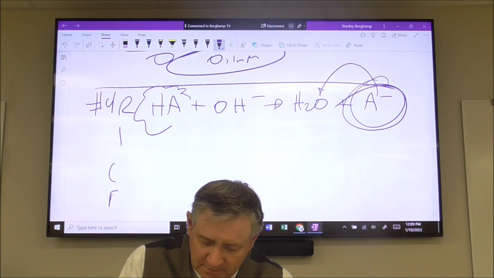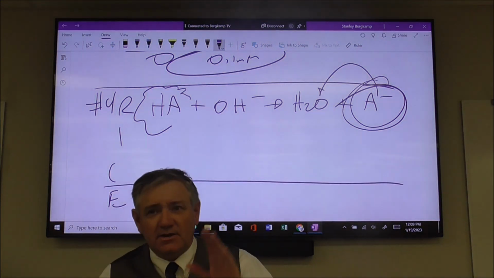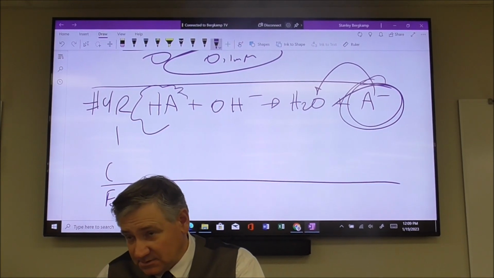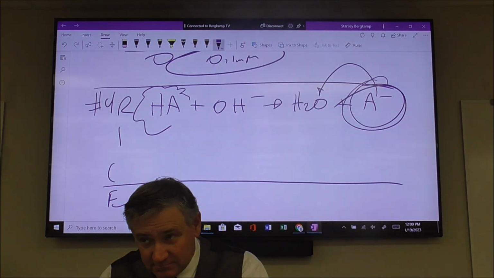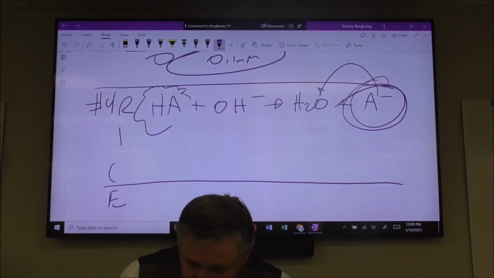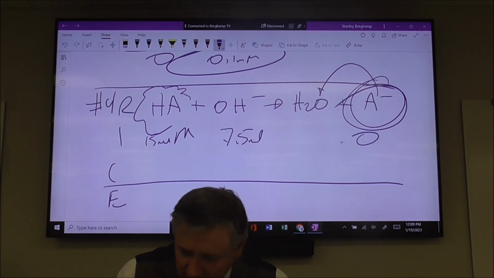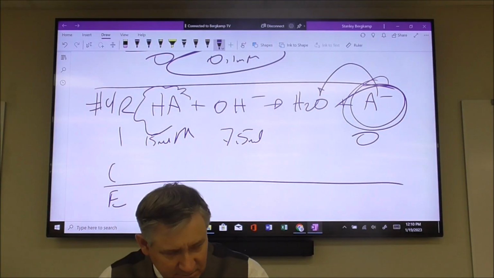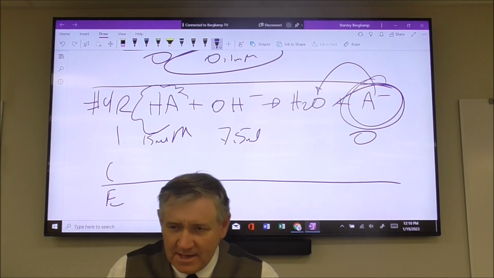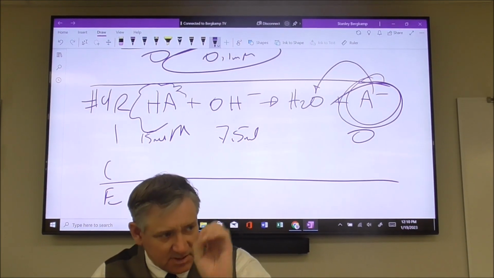So here's your RICE chart. Now, again, you can work in millimoles, you can work in moles. You can't work in molarity. Okay, that's the kicker. So if you do this, you've got 15 millimoles of acid, you have 7.5 millimoles of your base, and since this is a non-buffered solution, we'll get into buffered solutions next week, that anion concentration is 0.